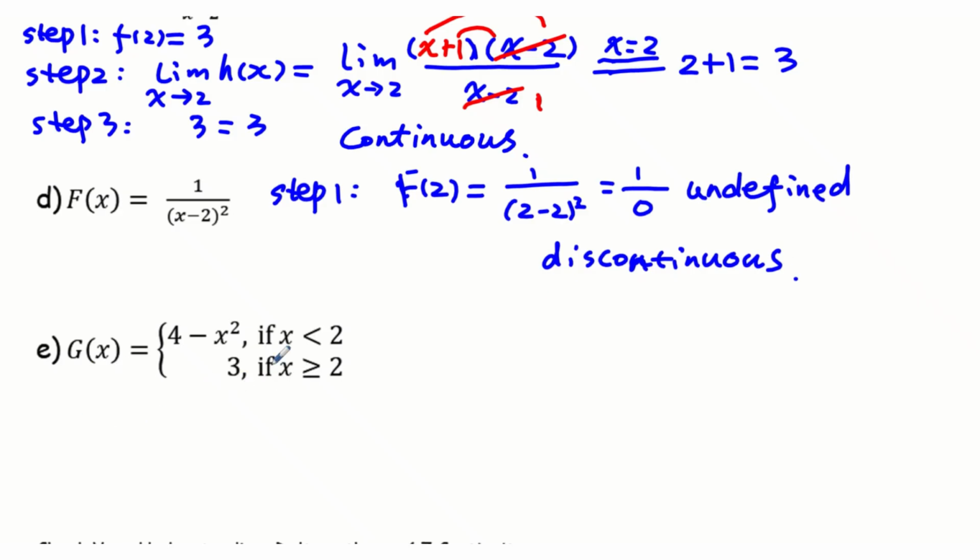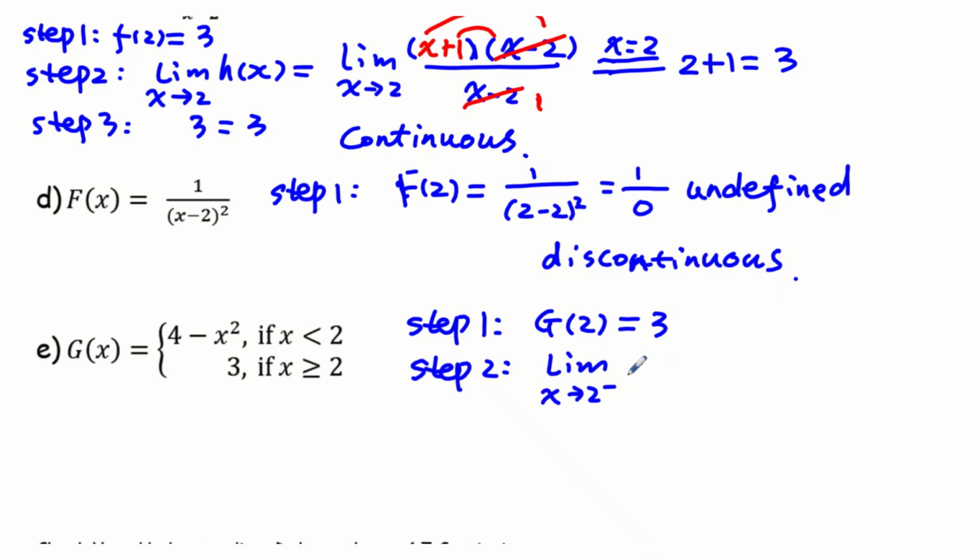So for the last question, step 1, we check the function's value g at 2, this one equals 3. And step 2, we are going to find the limiting value from the left side and also from the right side. So from the left side, it will be smaller than 2, so we sub in the 2 here. So 4 minus 2 squared gives you 4 minus 4, which is 0.